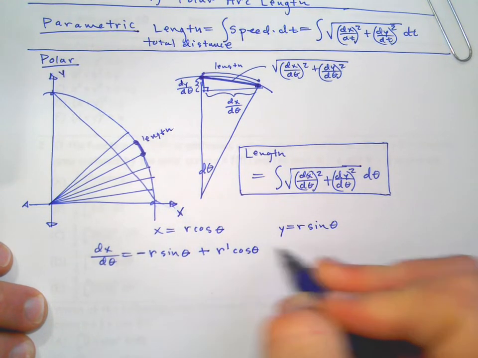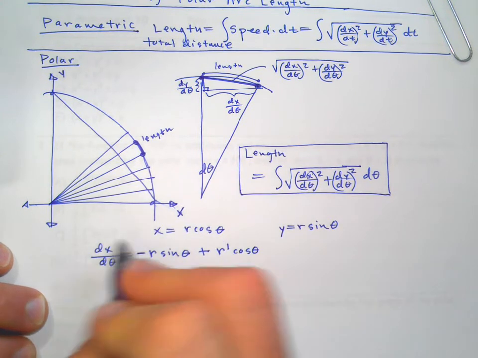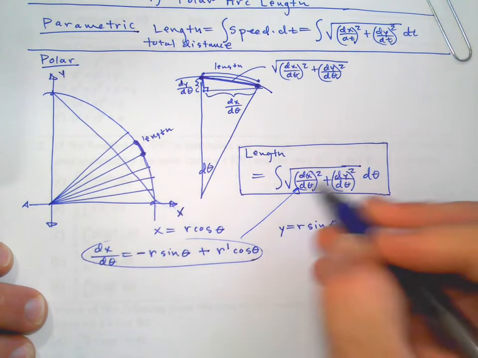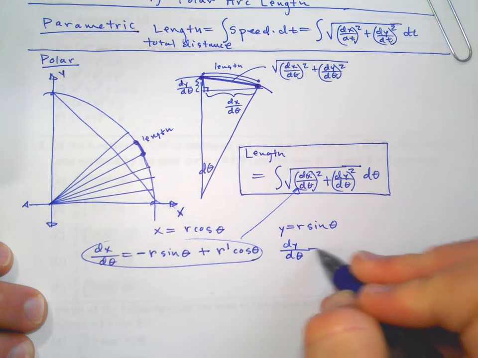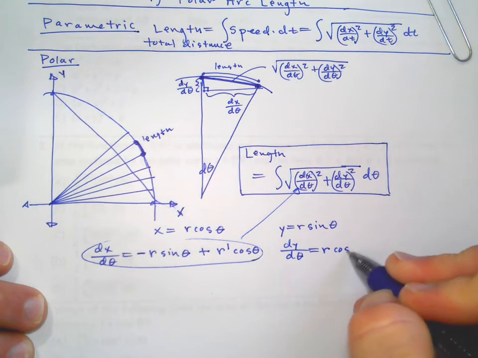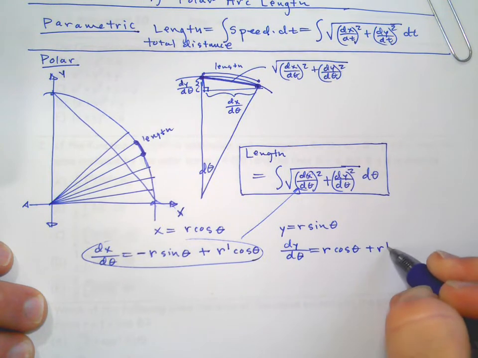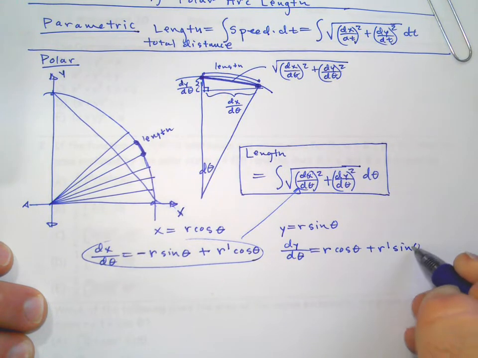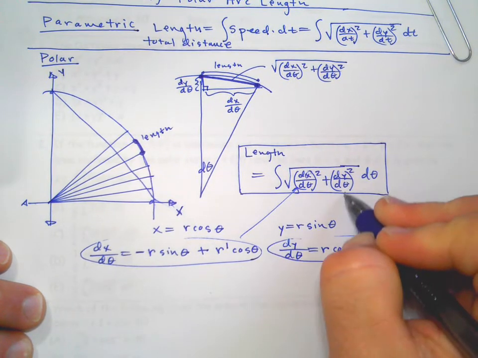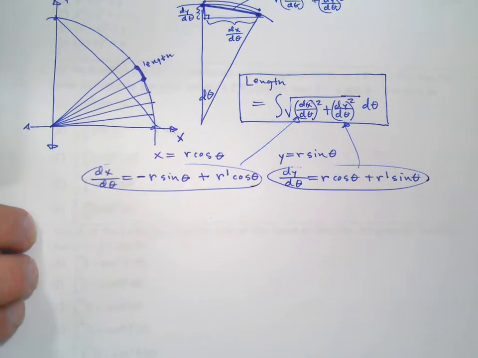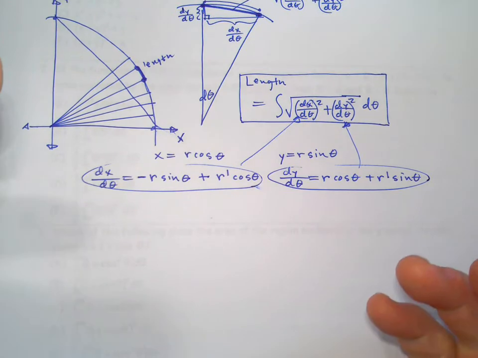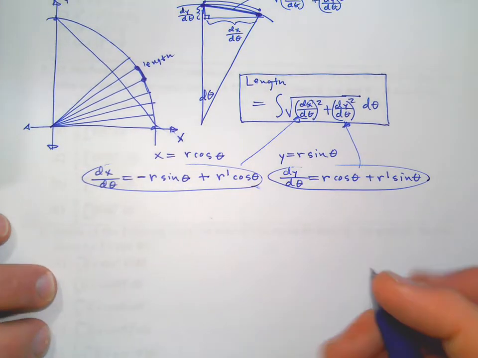So it's a little product rule, right? And that's what would end up going in right there. And dy/d theta would be r cosine theta plus r prime sine theta. And that is going to go in right there. And let's go ahead and plug it in. Okay. I mean, usually we would have a more specific r equation, and we could do all this work.